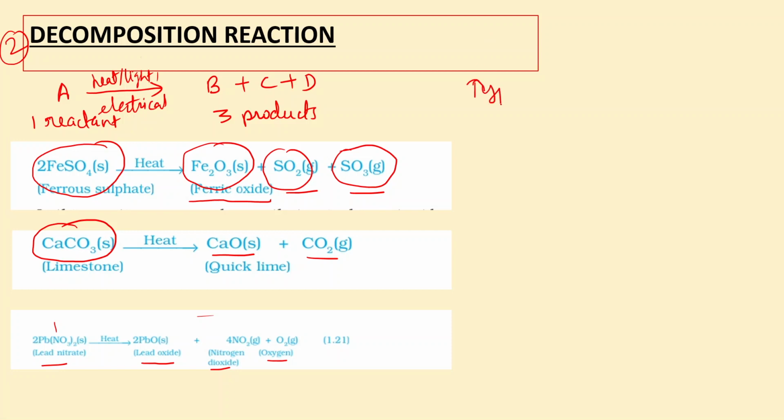So what are the different types of decomposition reactions? First, whenever you give heat to the reactant to split it up, then it is a thermal decomposition.